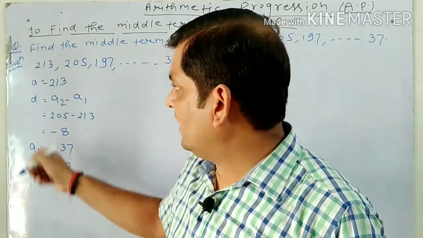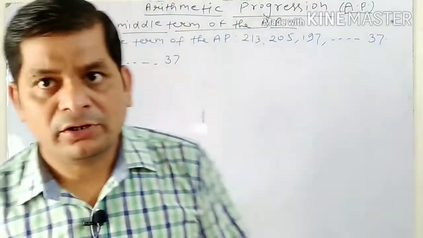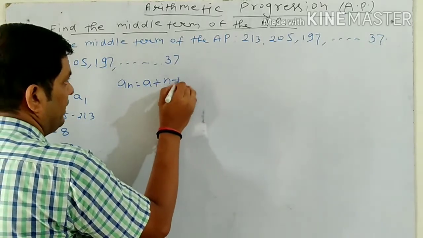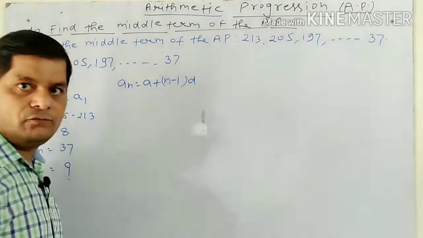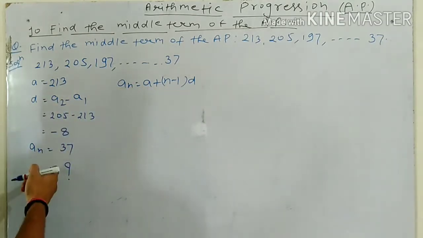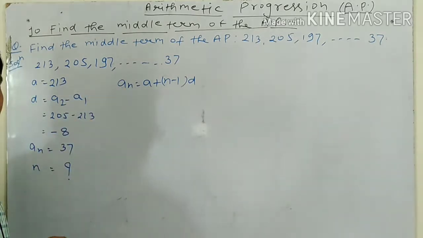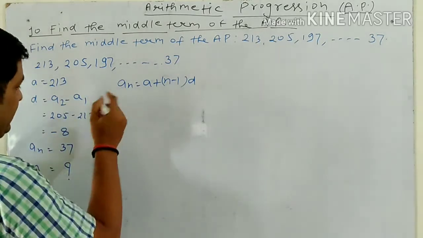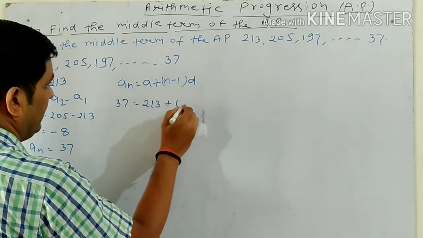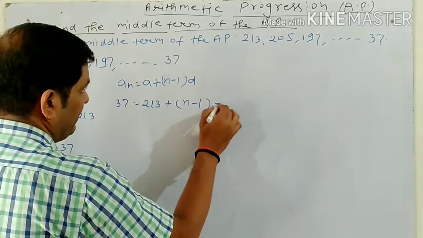After getting the values of a, d and an, we can use the formula an equals a plus n minus 1 into d to get the value of n. Put the values in this formula: 37 equals 213 plus n minus 1, and we have no idea about n so leave it as it is, into d, minus 8.